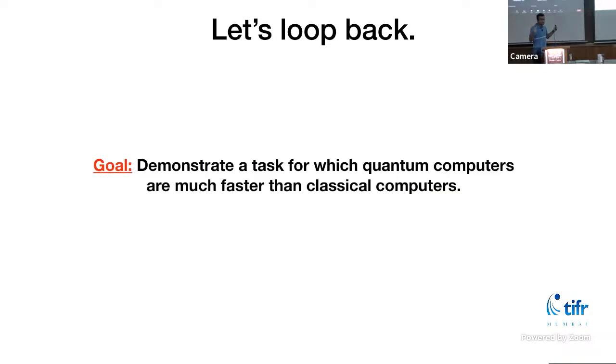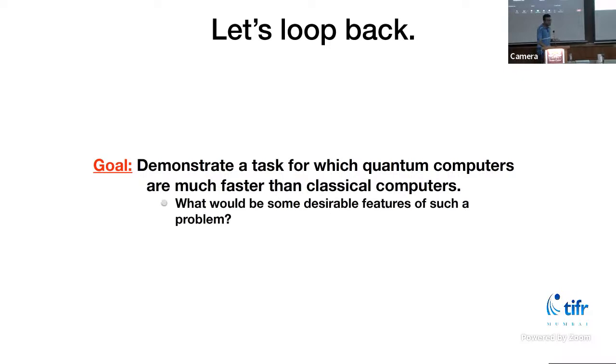What is our goal again? To say it again, we want to demonstrate that there's a task that these quantum computers can do much, much faster than their classical counterparts, the state-of-the-art classical computers. So what would be some desirable features of such a task, qualitatively, at a very high level?